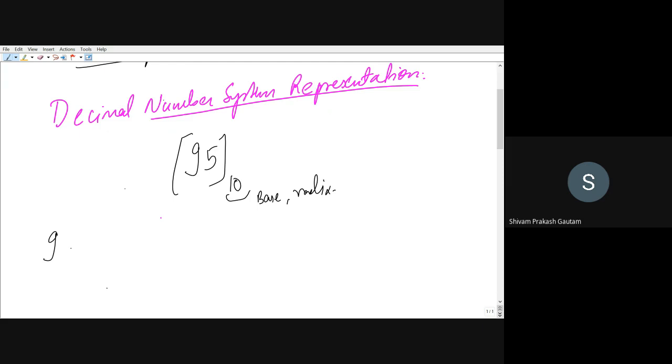Suppose I am having 9,267.95. This is a number which is represented in decimal again. I can break this number into the following.